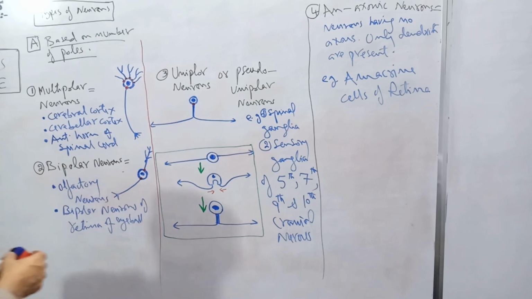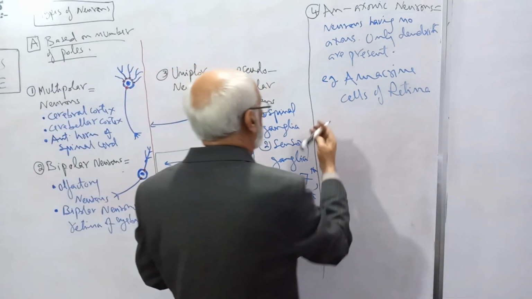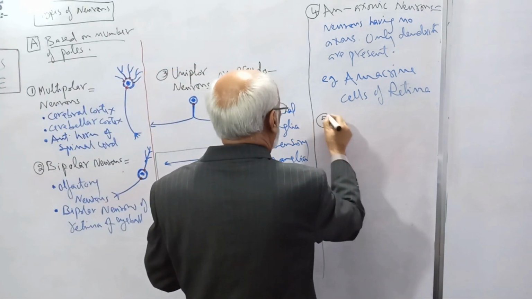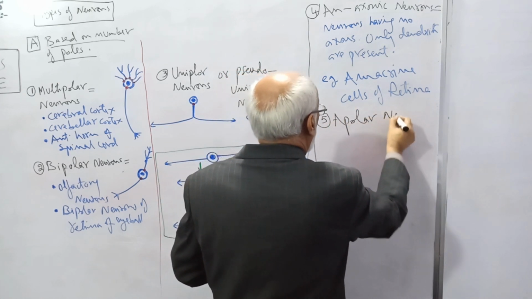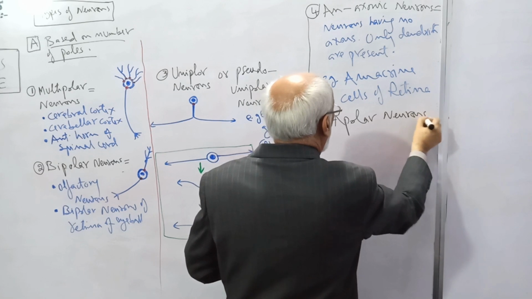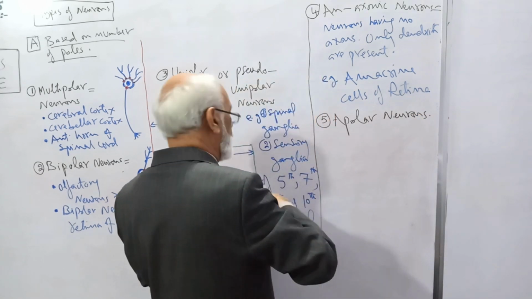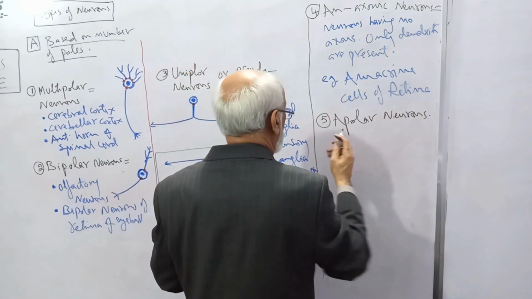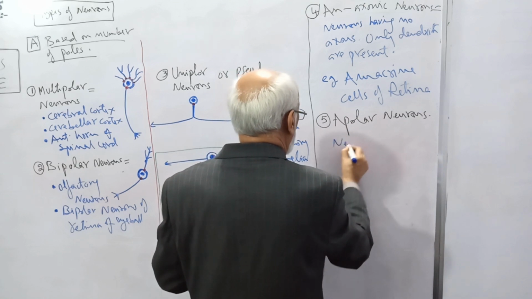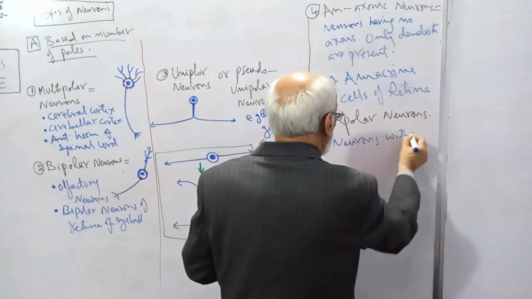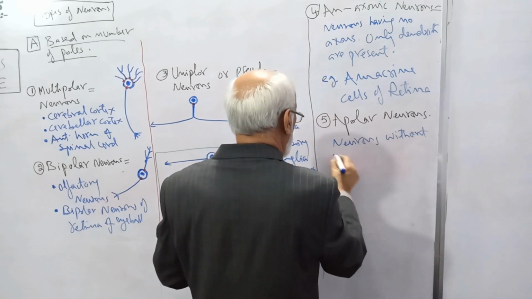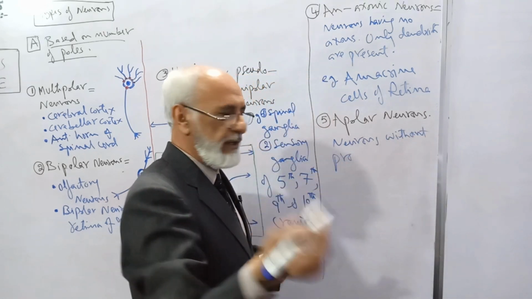Then apolar neurons, number 5. That is, neurons without processes, without poles, without dendrite and axon.